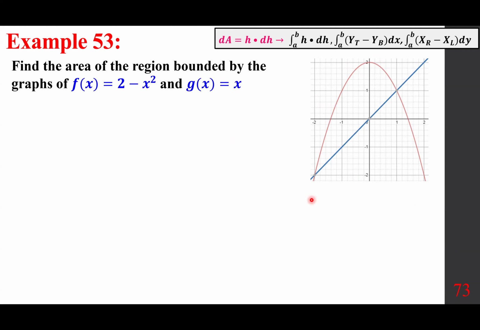This is f of x, 2 minus x squared, and this is g of x equals x, or y equals x. As you can see, we need to find points of intersection. So we are going to look at the fact that this function is completely above this function.